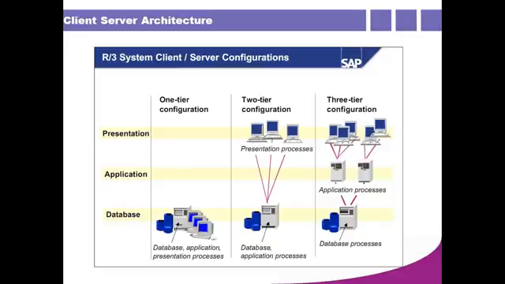In the three-tier figure, the three layers are in three separate boxes: the GUI presentation layer in one box, the application layer in another, and the database in another. Each layer is installed on its own box. This is the best configuration recommended by SAP, and for better performance as well.